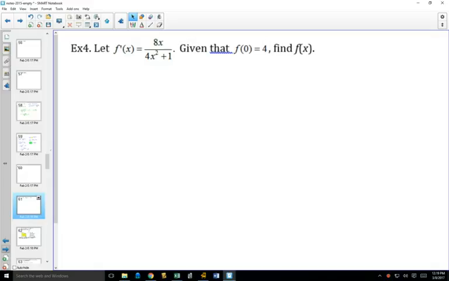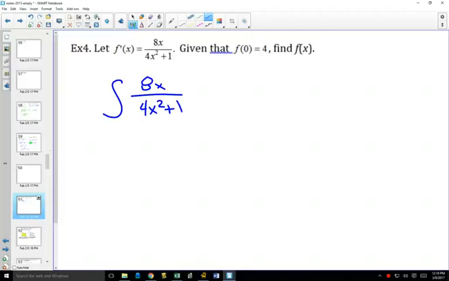So one of the things is getting good at just recognizing questions. So if I want to find f of x, I'm going to have to integrate. So I'm going to need to integrate 8x over 4x squared plus 1 dx.